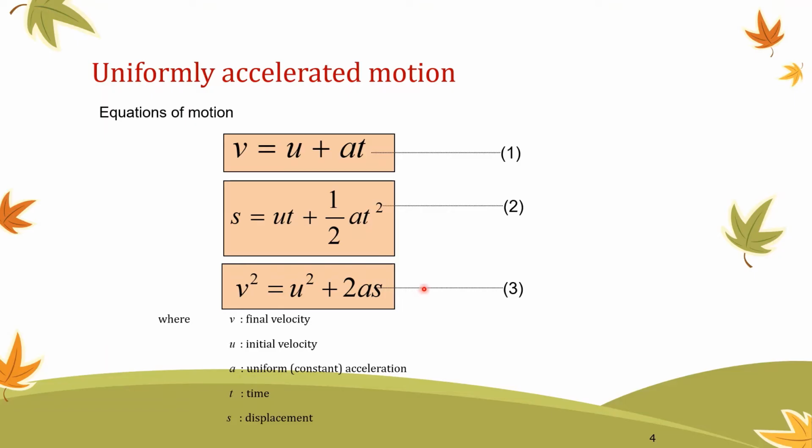But what we need to know is the term for each symbol. v represents the final velocity, u represents the initial velocity, a is the uniform or constant acceleration, t is the time, and s is the displacement.